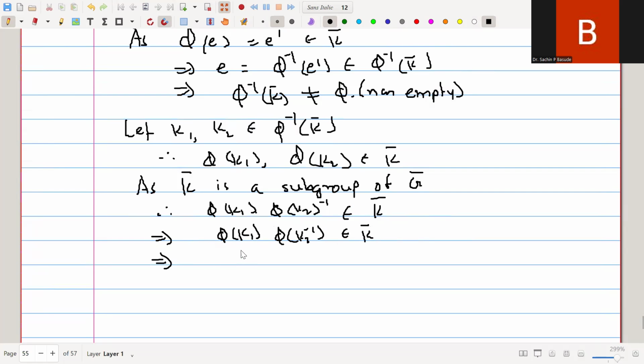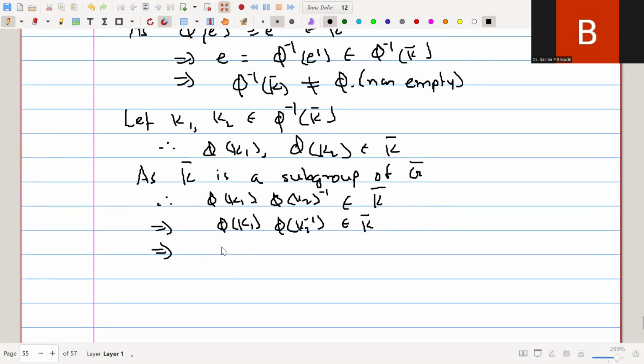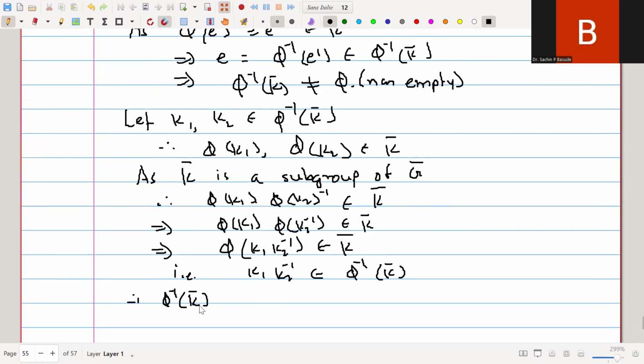But phi is a homomorphism, so this becomes phi of k1 into k2 inverse belongs to k bar. That is, k1 k2 inverse belongs to phi inverse of k bar. So k1, k2 belong to phi inverse k bar implies k1 k2 inverse belongs to phi inverse k bar. Therefore, phi inverse k bar is a subgroup of G.